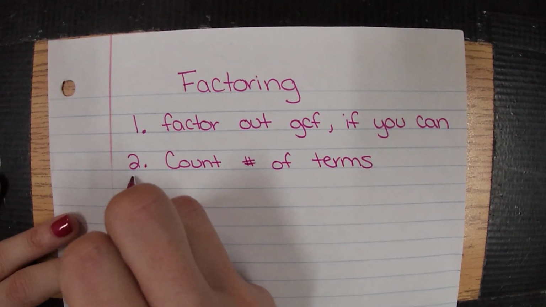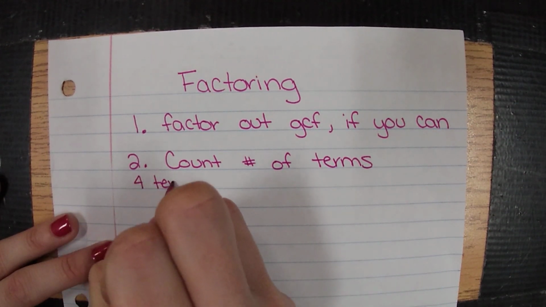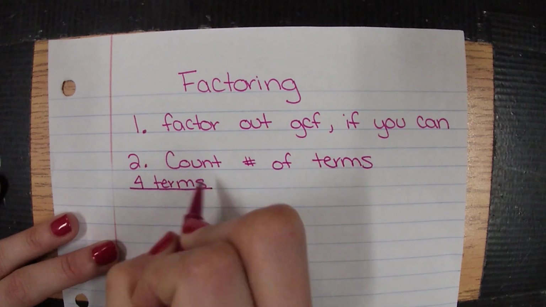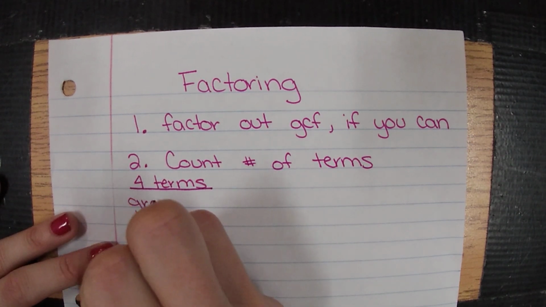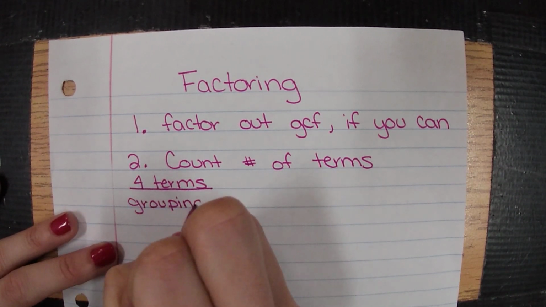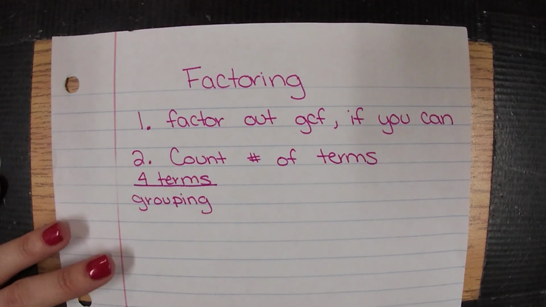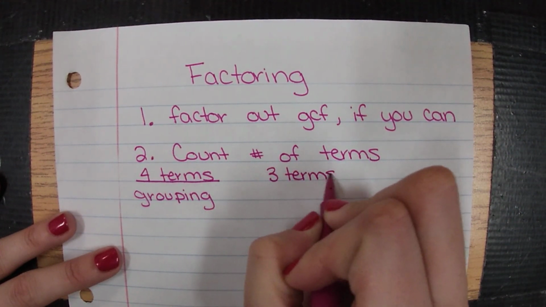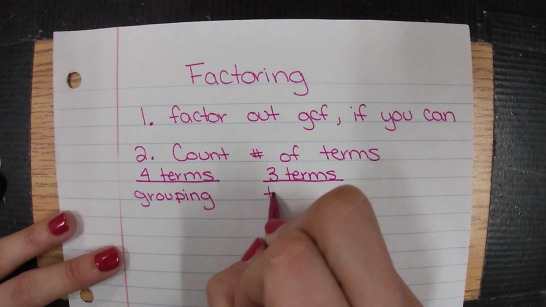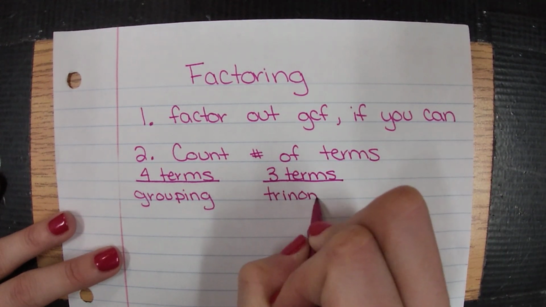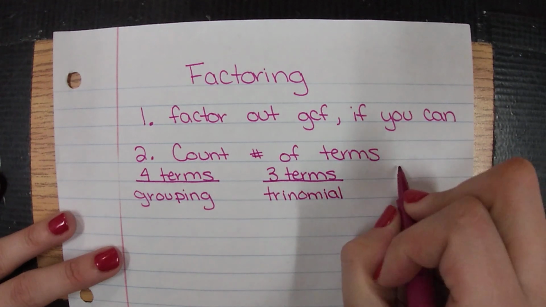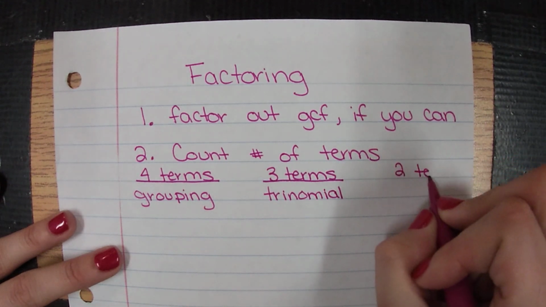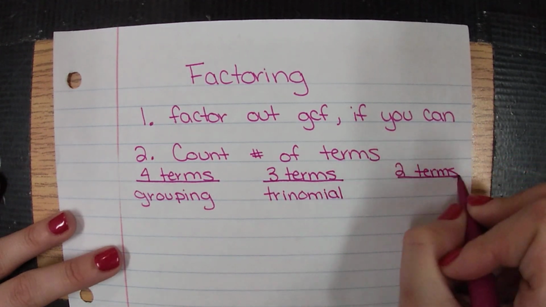If there are 4 terms, that's our situation where we factor by grouping, right? And grouping is where we split in half and find the GCF of each side. If there's 3 terms, we're going to check for a trinomial. If there's 2 terms, we're going to check for a special case.